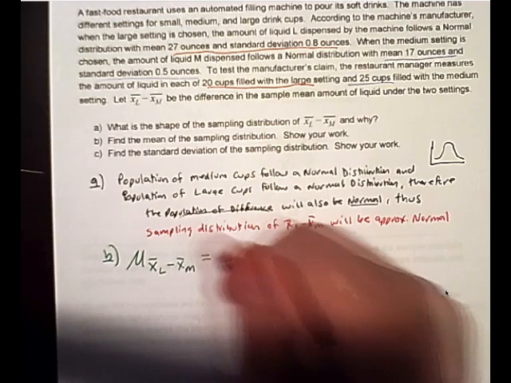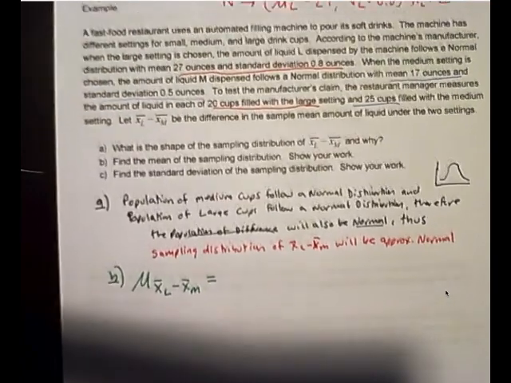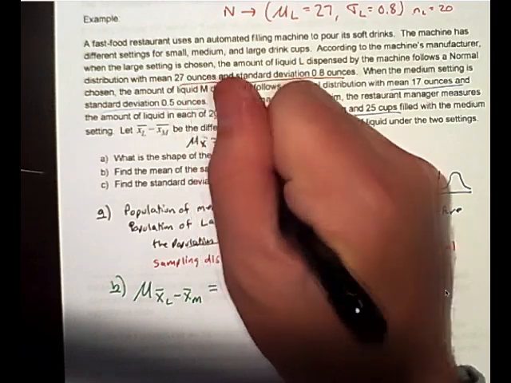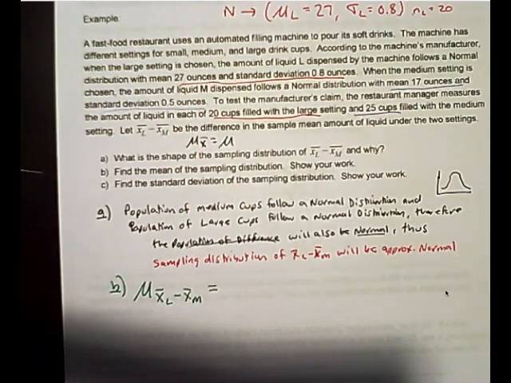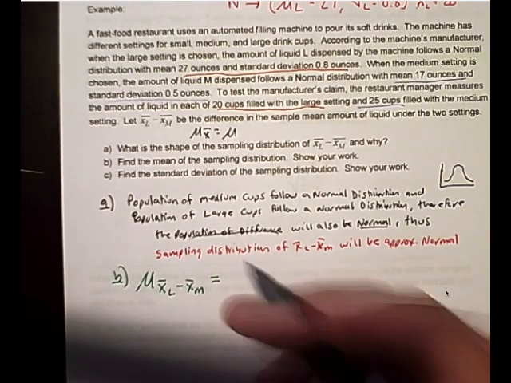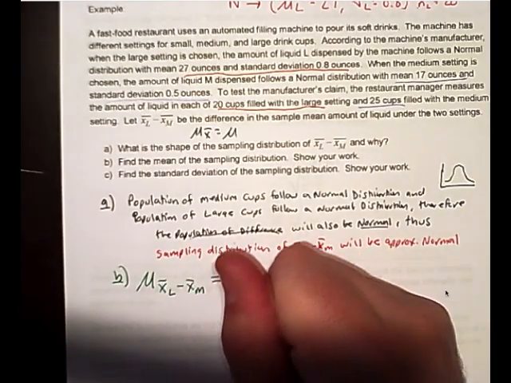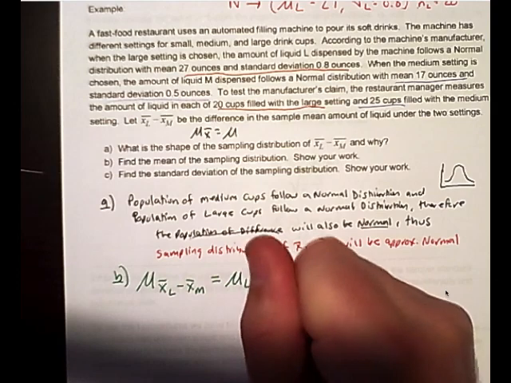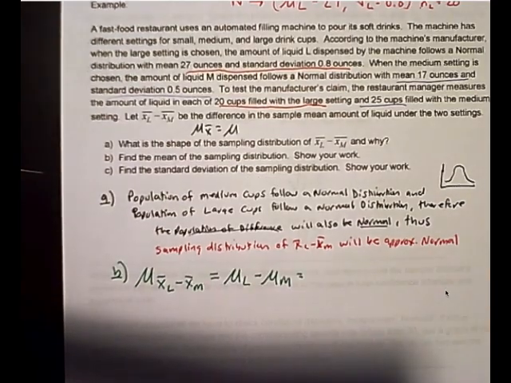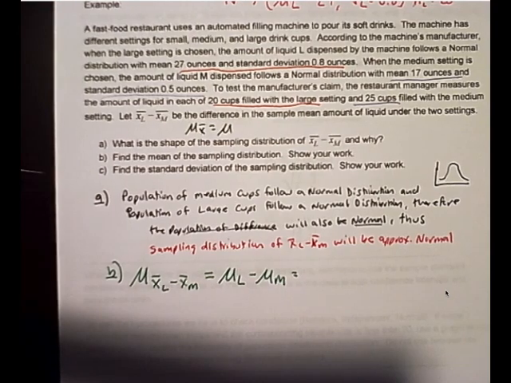Just like before, we said before if we had a single sample, mu of x bar simply equals mu. Well in this case, this would equal mu of L minus mu of M. The population mean of large minus population mean of medium.